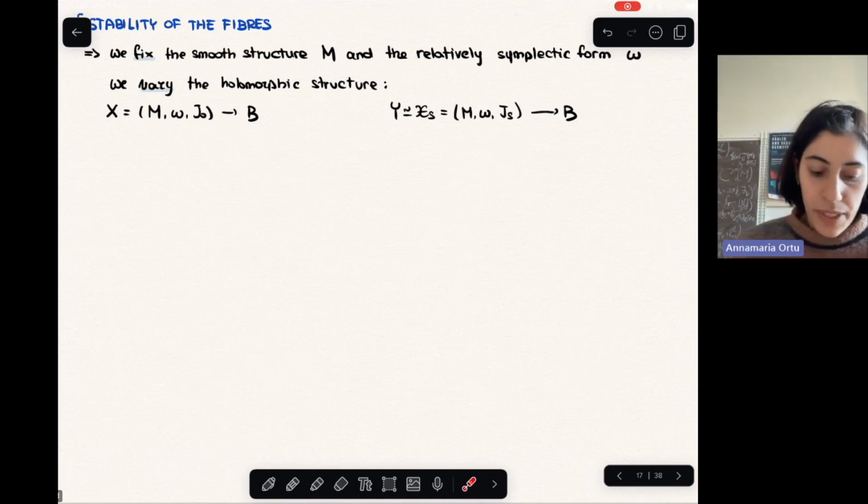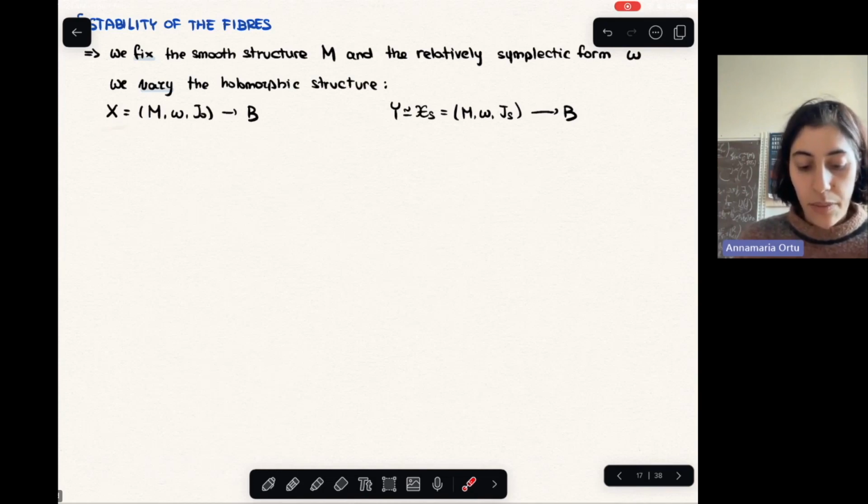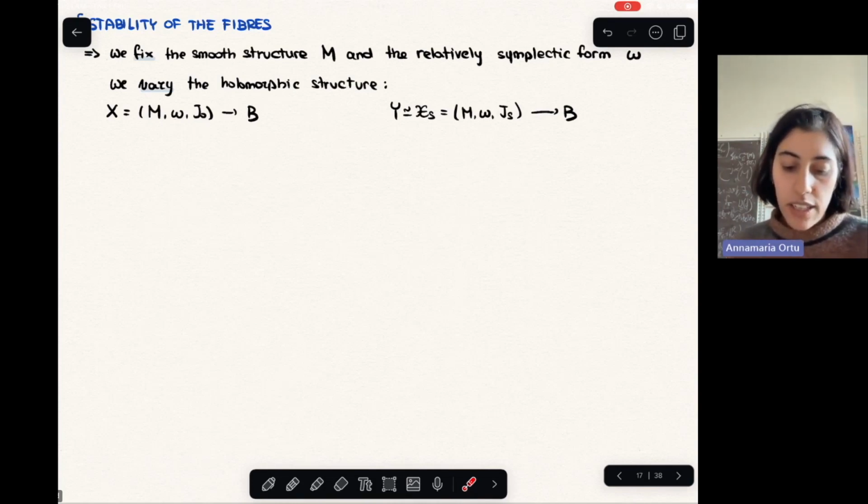And I represented it like this. So we have X, that is given by a smooth manifold M with symplectic form omega and complex structure J0, and Y, which is isomorphic to all the other fibrations in the family, that is given by M, omega and the family of complex structures J_S that are all isomorphic except for the 0 one.